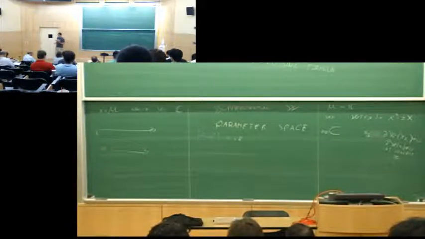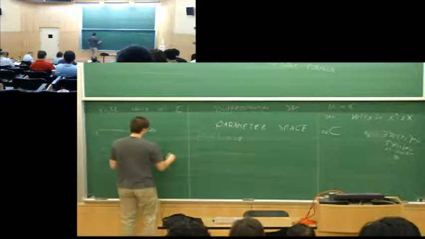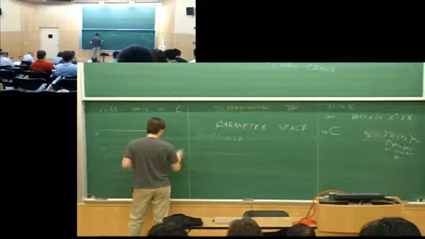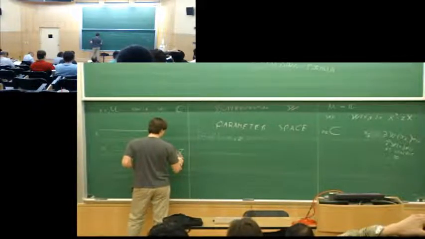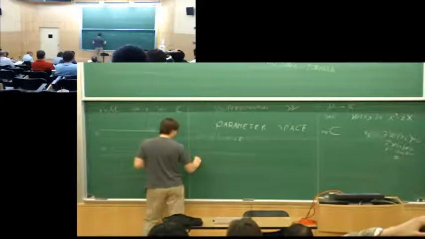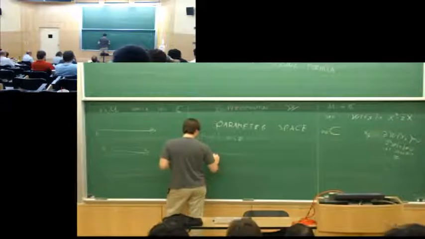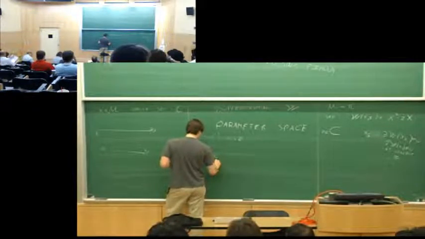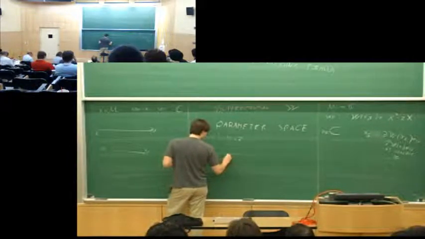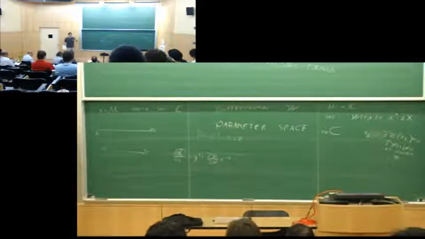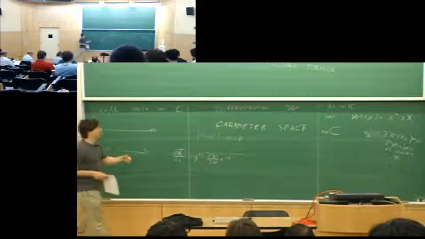So these BPS solitons satisfy some differential equation, which is basically a gradient flow equation.